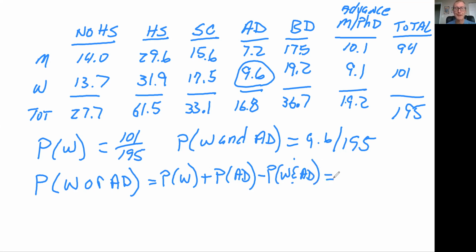So we did the woman, that's 101 over 195. And what's the probability of associate's degree? Well, we have this column that we have to add up, which is plus 16.8 divided by 195. And then we have to subtract the and, which is 9.6 divided by 195.